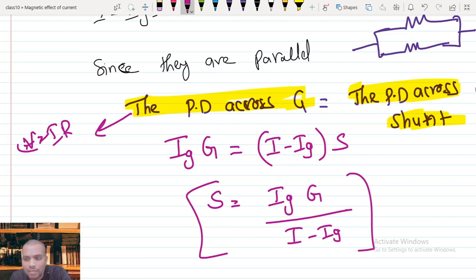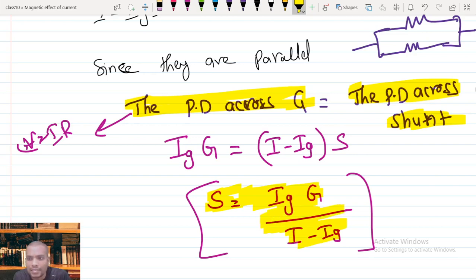Now ask a question: to convert a galvanometer into an ammeter, how much shunt resistance do we need to connect? We need a certain value, maybe 10 ohms or 20 ohms or 30 ohms. The formula for the shunt resistance S, we got it: S equal to Ig times G upon I minus Ig.